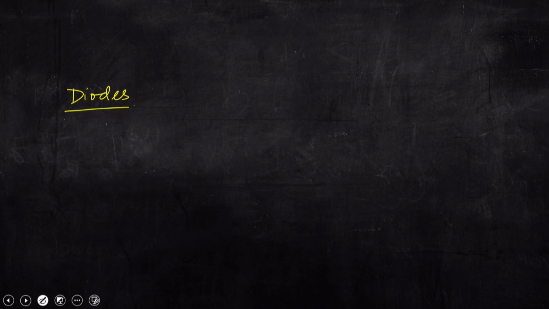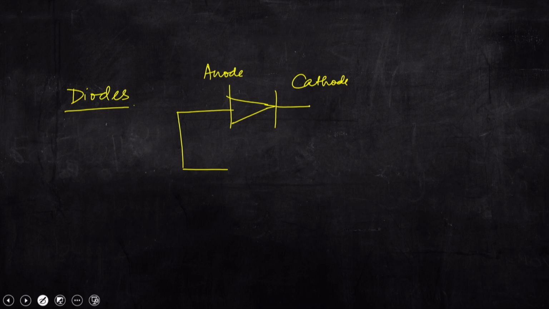Then we had seen that this is anode and this is cathode, and current flows from anode to cathode.